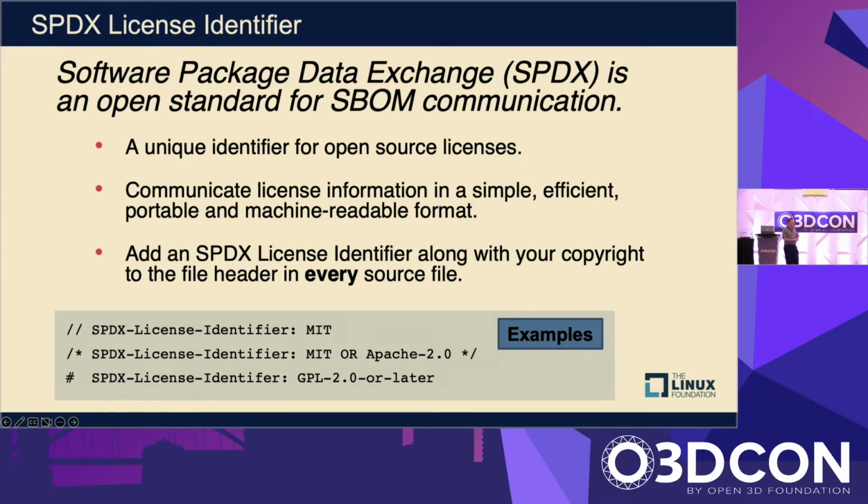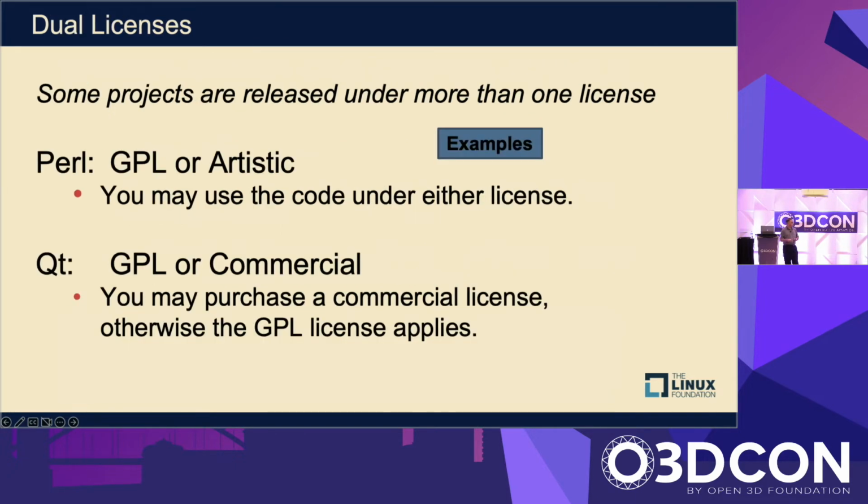And I'm going to talk about dual licensing in just a moment and what that means. So you would see something similar to that second example there. It might say MIT and Apache, or it might say MIT or Apache, but it would look something like that. So it's very important for contributors and developers to use these identifiers as much as possible.